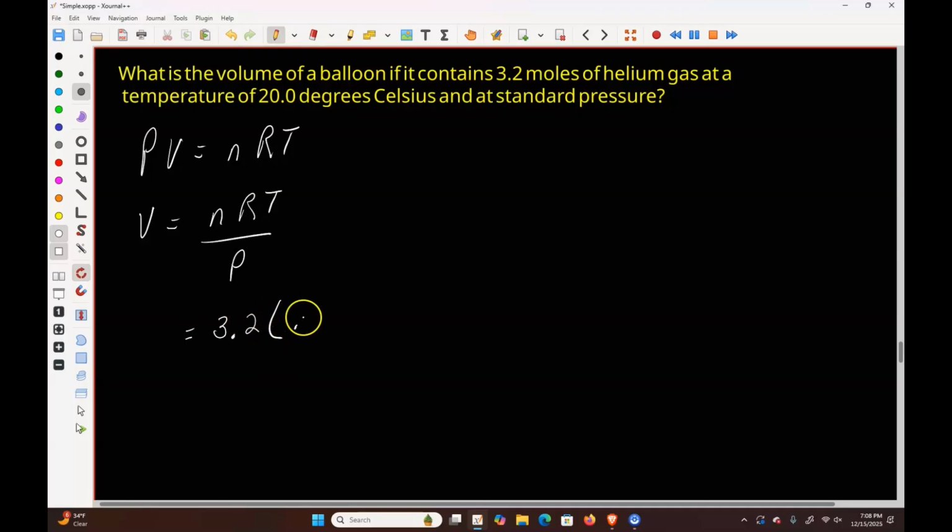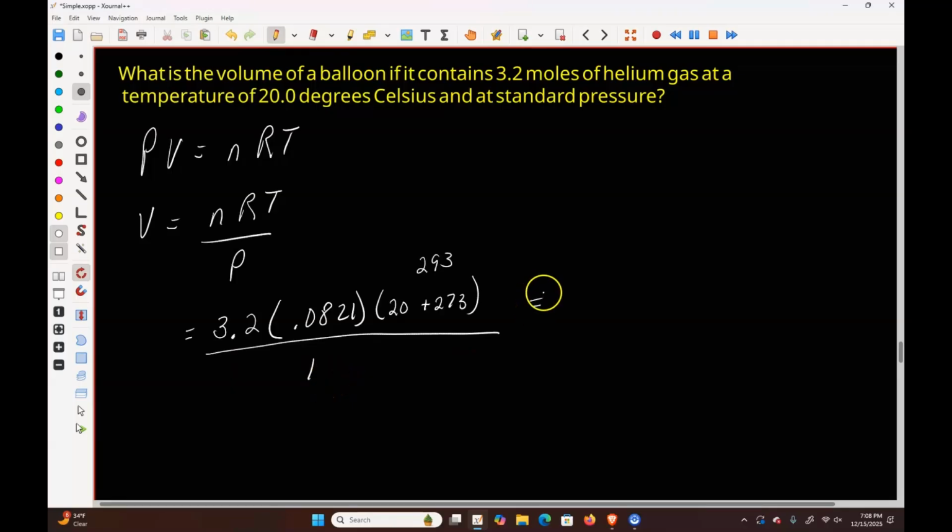I'm going to use 0.0821, and I have our pressure in atmospheres. All right, temperature is 20 degrees Celsius, so that's 293, divided by a pressure of 1 atm. So this would give me 76.98 liters.